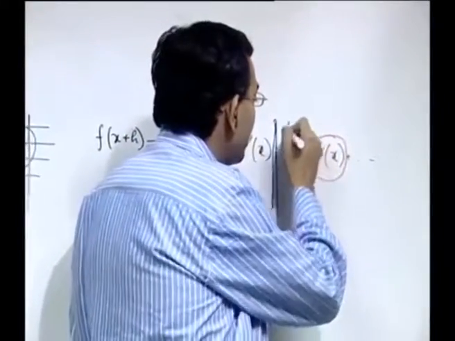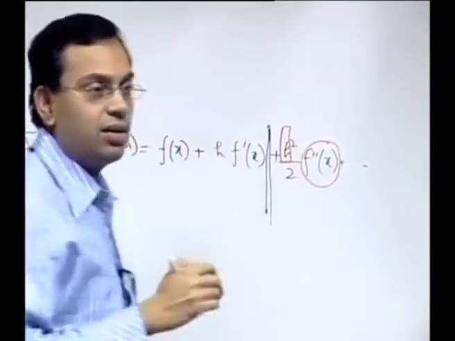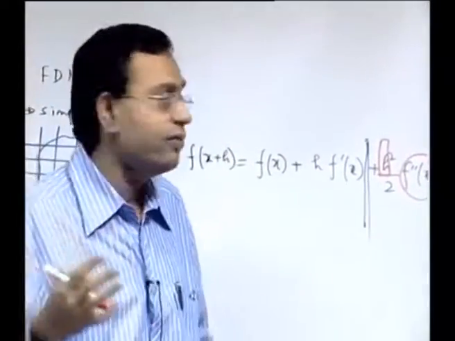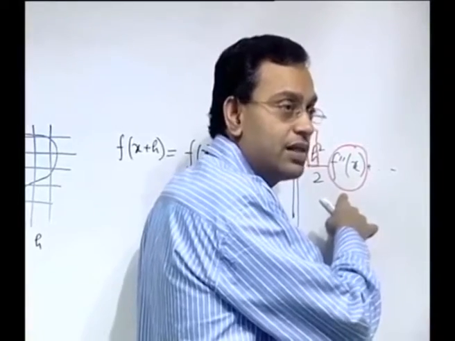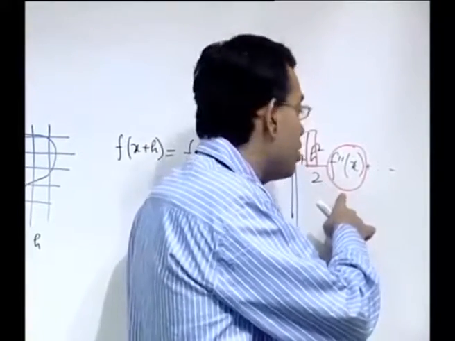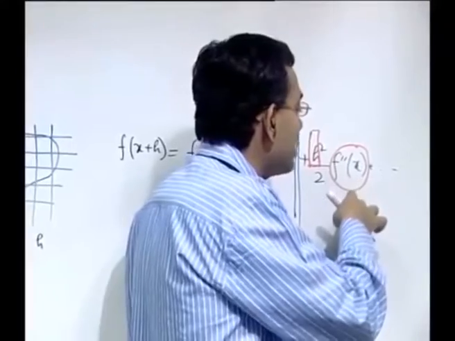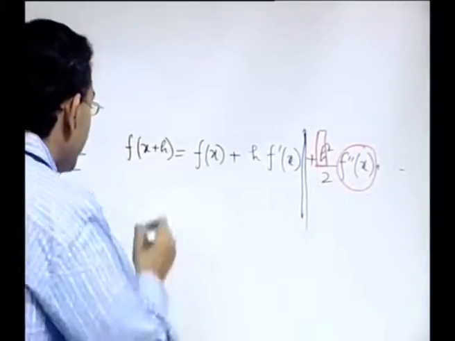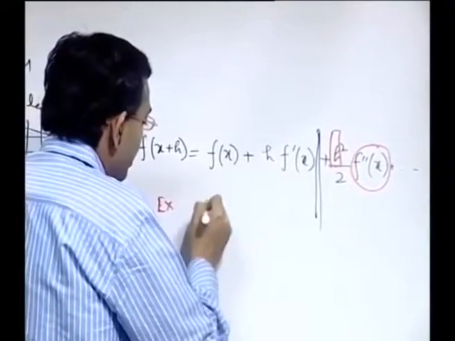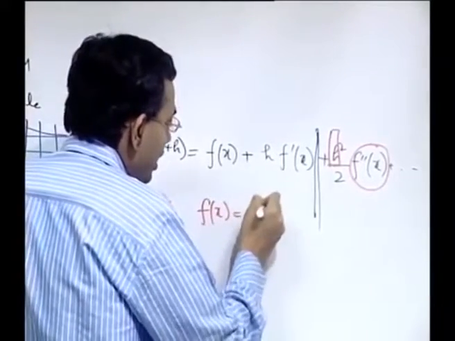We always highlight h or its higher order powers as if its multiplying function has no role to play. That is not the case. Its multiplying function has a big role to play, in the sense that it may itself be significant. Let us consider an example. Let us say that f(x) is equal to e to the power x.